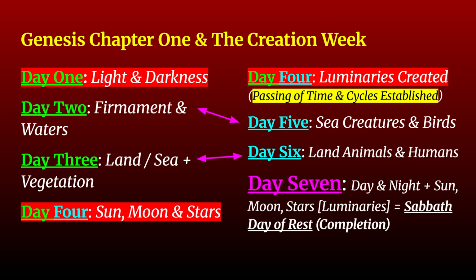The idea that God has a day of rest, the Sabbath day of rest, is dependent on there being a concept of days, meaning there is a concept of day and night, and there needs to be something to keep the time, the luminaries, to say, hey, today is the seventh day, not the sixth day. Okay?